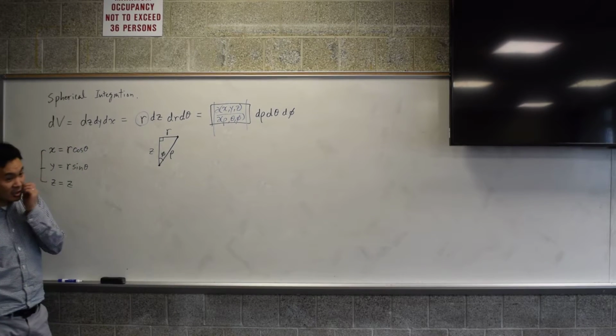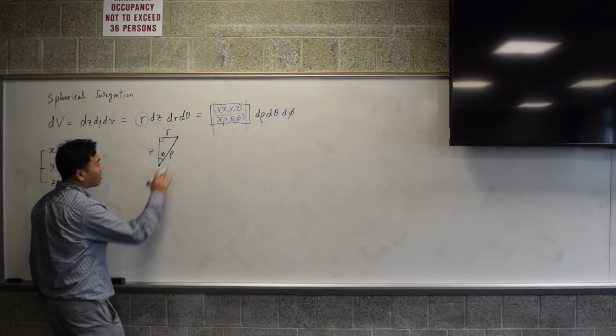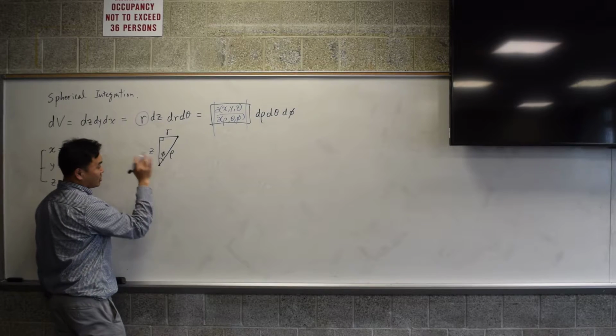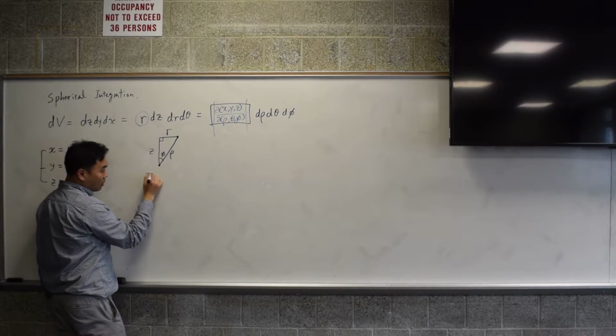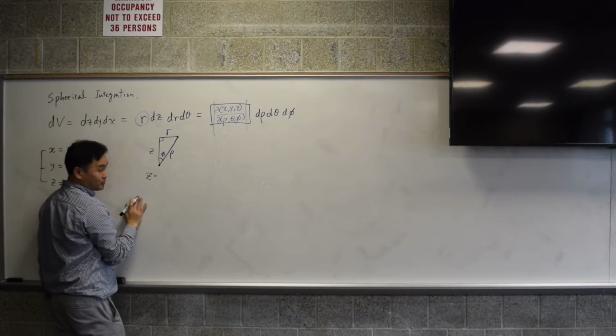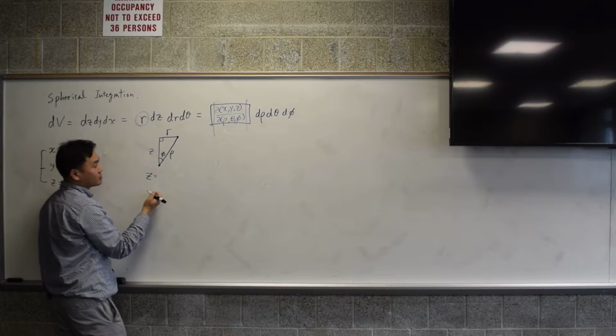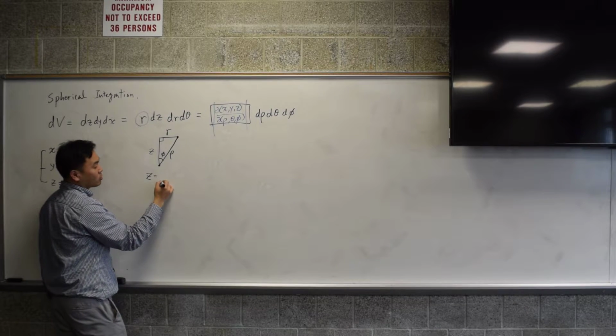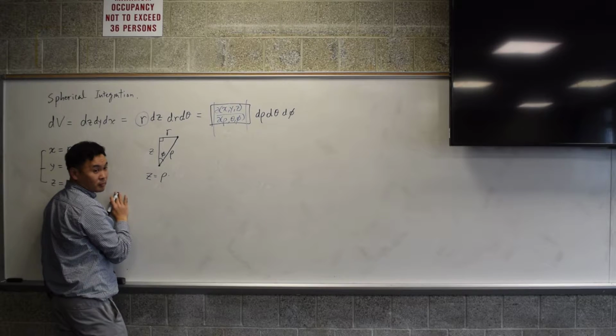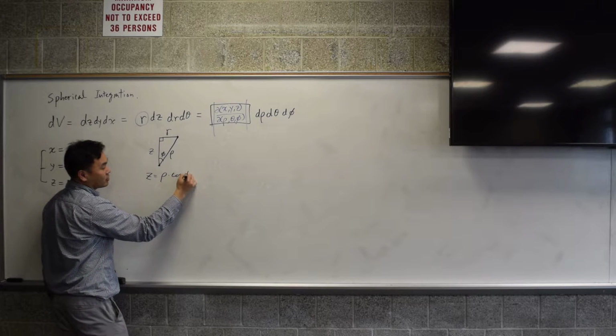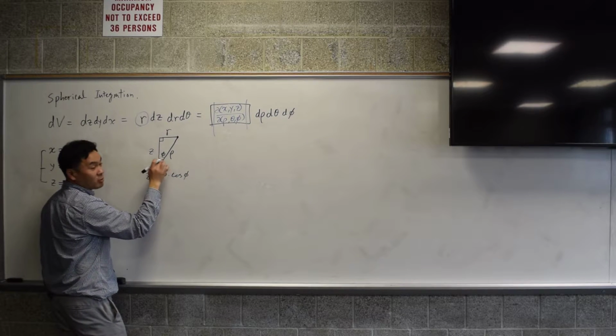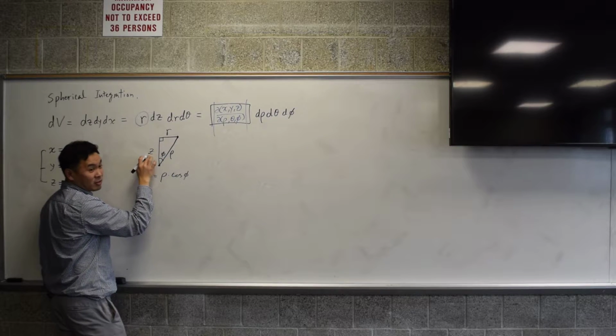Now from here we can easily find the relationship between r, rho, z and phi. Okay, how do you get the z from rho and phi? Rho times cosine phi, right? Because phi is the angle between z and rho, so z is adjacent.